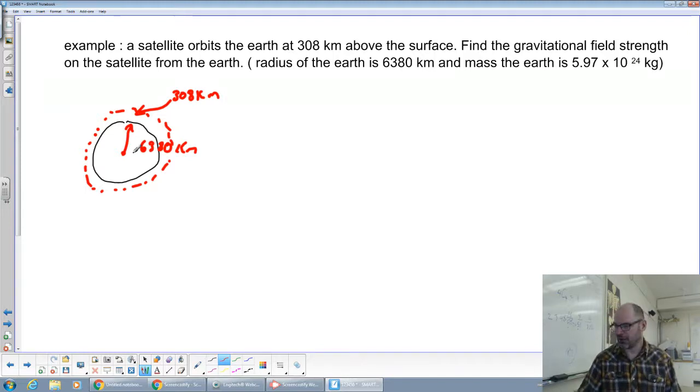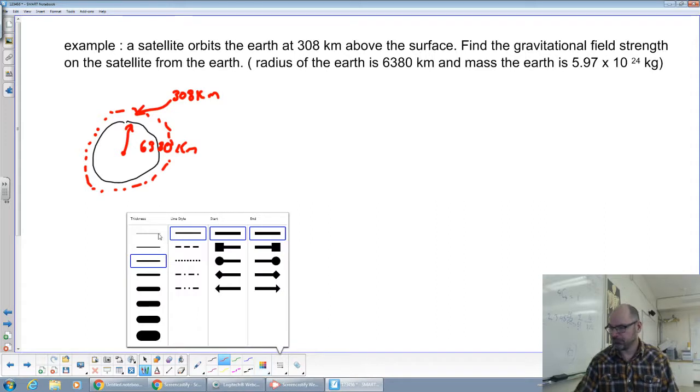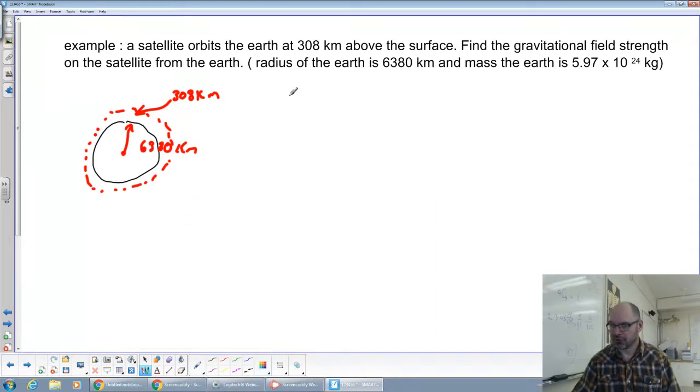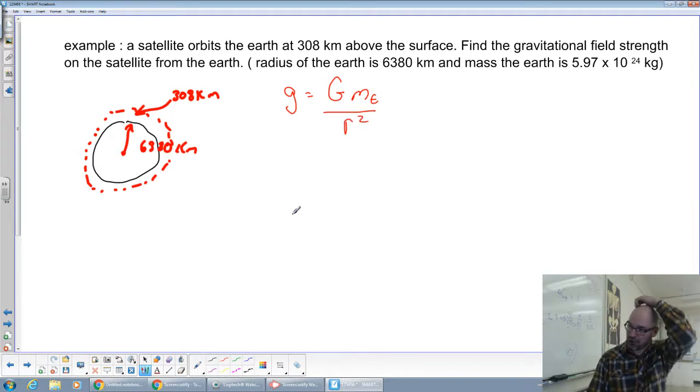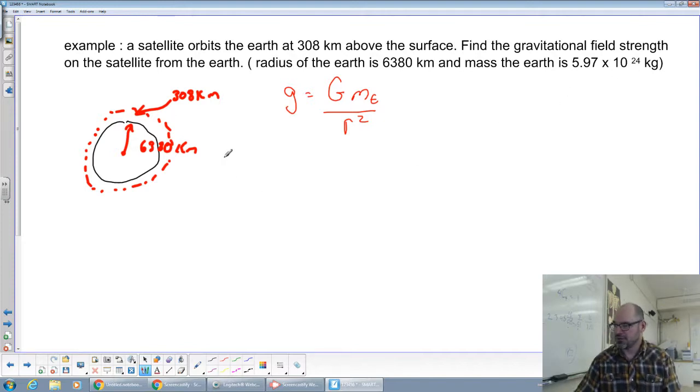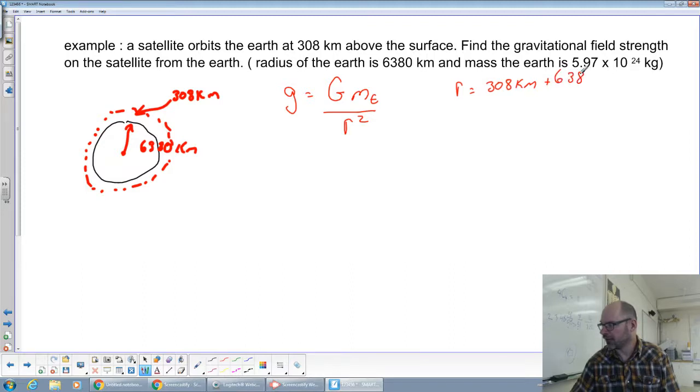Okay, so if we want to find the gravitational field strength, just what we derived, this is equal to G times the mass of the Earth divided by R squared. Okay, so we have to figure out what R is in meters, and we know what the mass of the Earth is up right there. So first of all, R equals 308 kilometers plus 6380 kilometers.